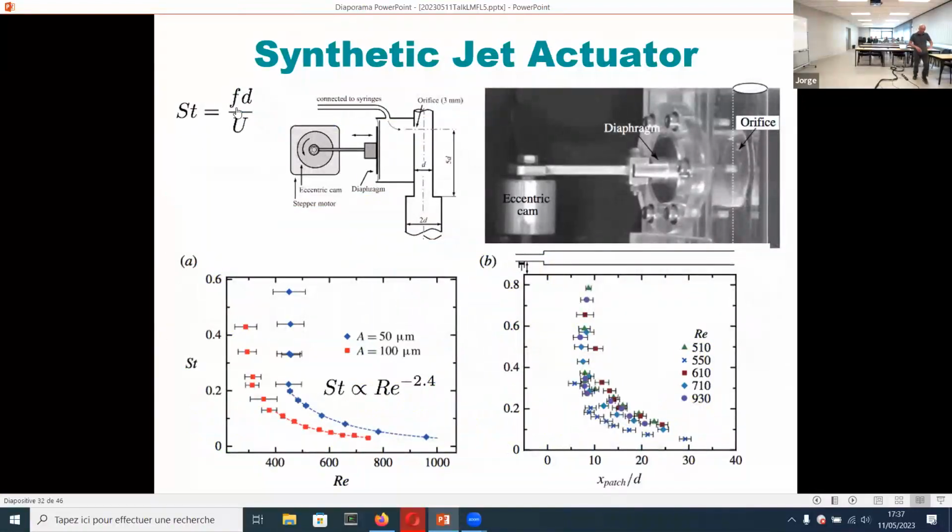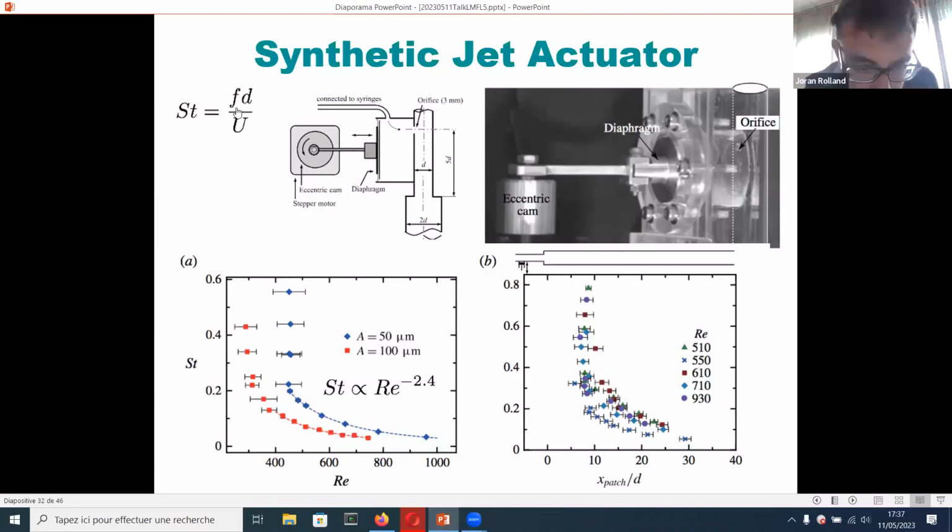Yes, so here on the bottom left, this is the dimensionless frequency as a function of the Reynolds number. The red symbols are with an eccentricity of the cam of 100 microns, and the blue are for an eccentricity of 50 microns.